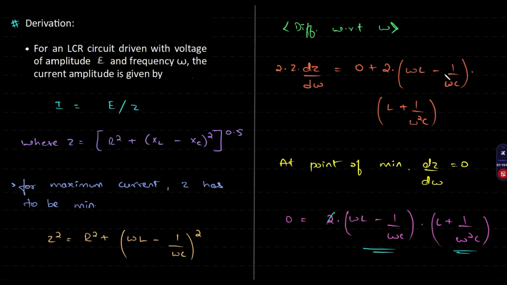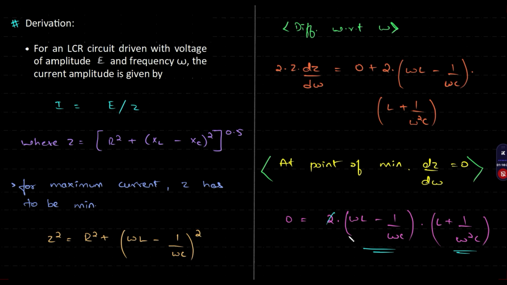If you are not able to understand this particular part, you should be, as you are in 12th grade. When we differentiate it, we get this particular set of expressions. And when I equate this to 0 at the point of minimum, why am I equating to 0? This again is part of math that you need to understand.